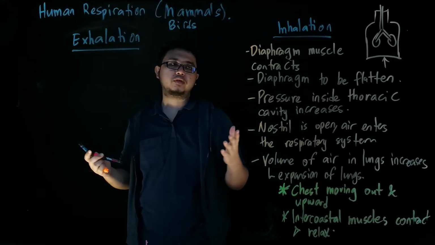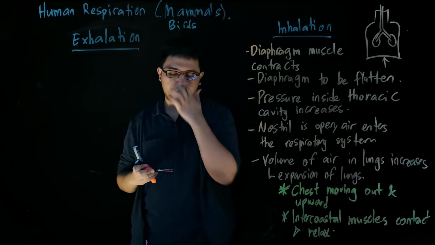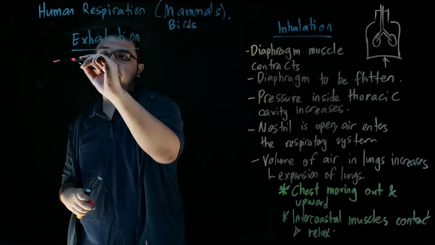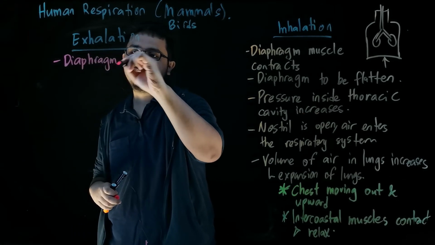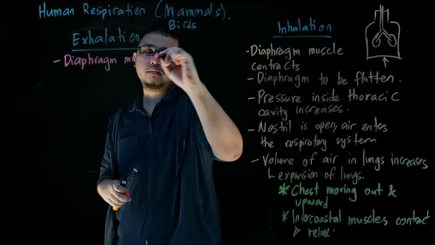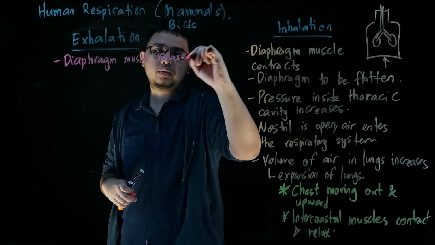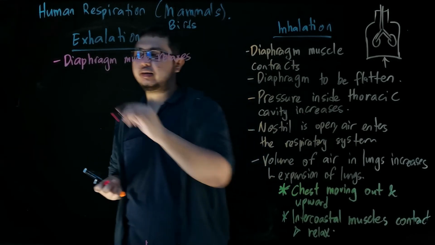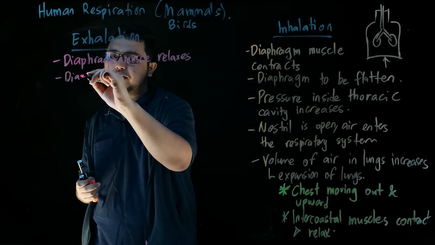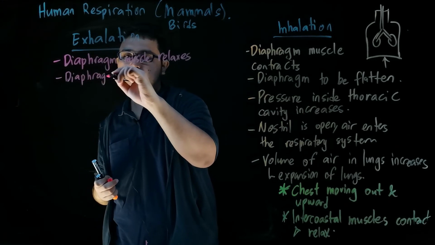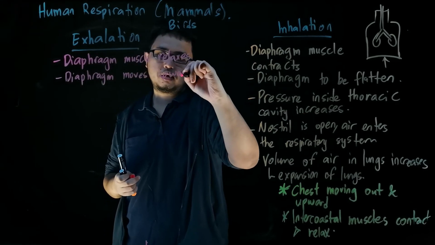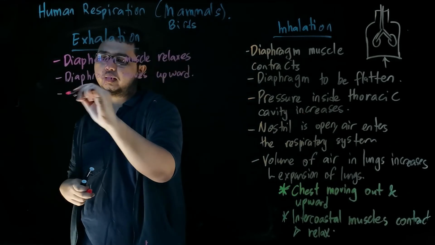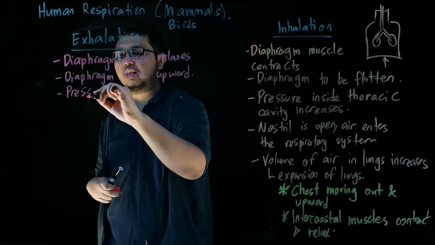Exhalation is just a reverse process of inhalation. So now we're going to talk about how your diaphragm relaxes. As your diaphragm muscle relaxes, the diaphragm moves upward. Now this causes the pressure in the thoracic cavity to increase.